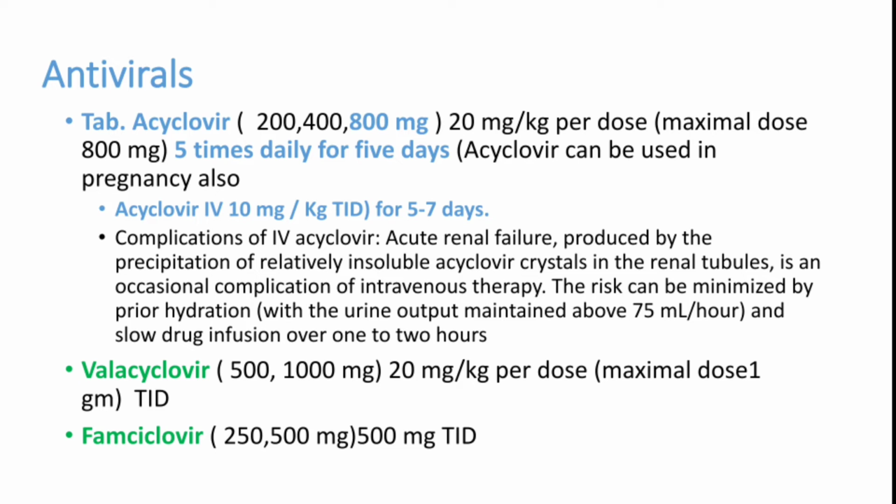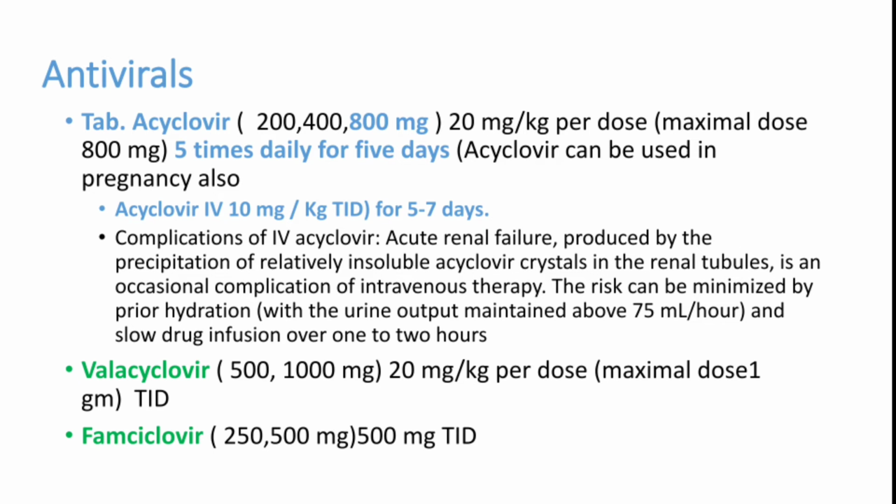If the patient develops severe symptoms and cannot take orally, you can give acyclovir IV. The dose is 10 milligram per kg IV TID. So you can calculate around 600 to 700 milligram IV TID as the dose. Alternative antivirals are available, that is valacyclovir 500 milligram or 1 gram.